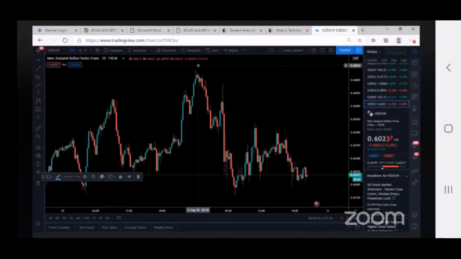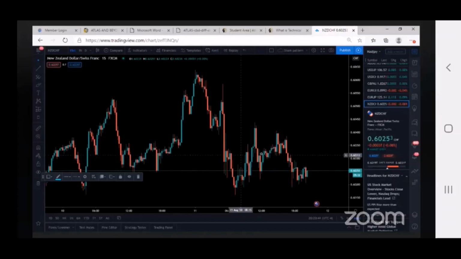So if the market is currently going down, you're looking to eventually get in a sale because the overall trend is a downtrend on your higher time frame. But when you switch to your lower time frame, you only want to sell to buyers. So you're looking for an uptrend per se.